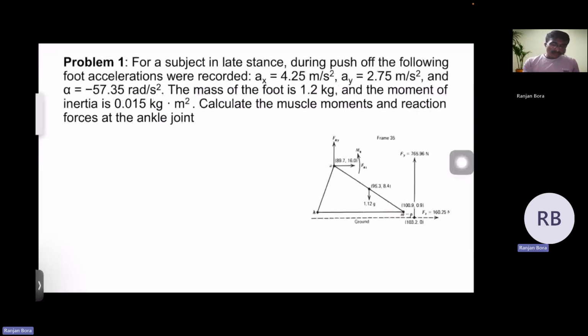It is given for a subject in late stance during push-off. The following foot accelerations were recorded: AX is 4.25 meter per second squared, AY is 2.75 meter per second squared, and alpha is minus 57.35 radian per second squared. The mass of the foot is 1.2 kg, and the moment of inertia is 0.015 kg meter squared. Calculate the muscle moments and reaction forces at the ankle joint.